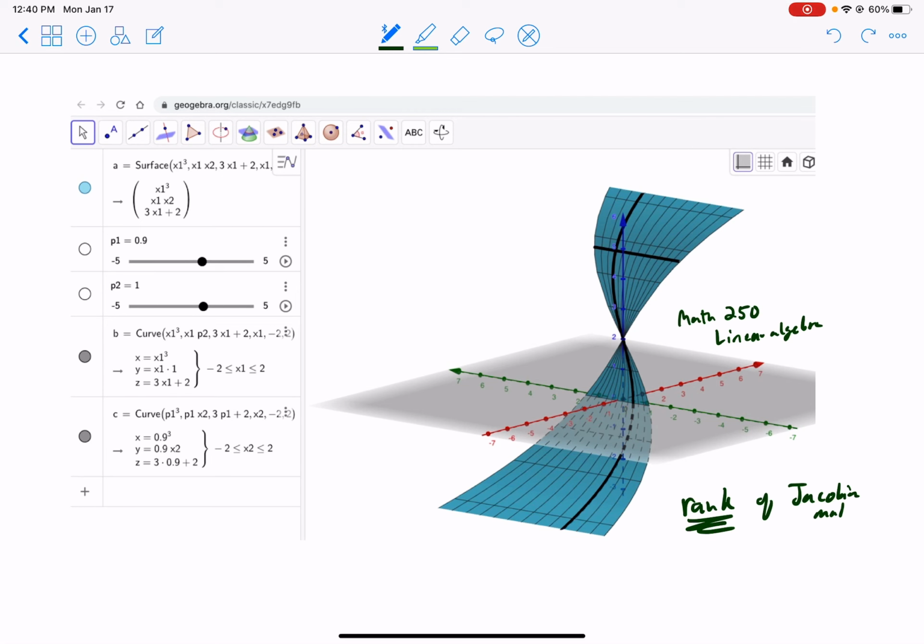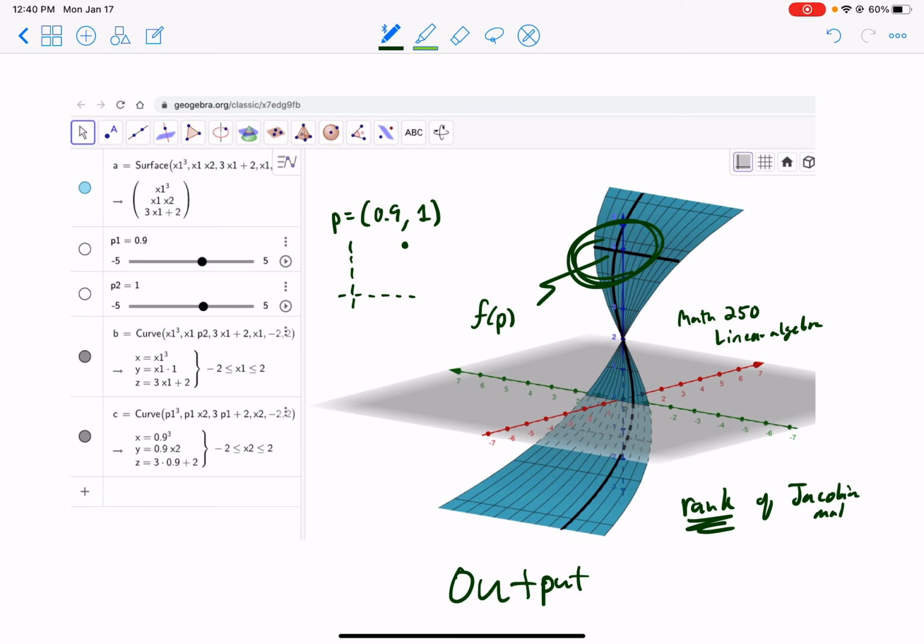But anyway, it's sort of interesting to see what the actual picture looks like if we have a computer draw it for us. And you can see the two curves. I chose the point p equals 0.9 comma 1. And then f of p is right there. That's f of p. This is the output space. And I didn't even draw the input space. The input space is somewhere else. And here's the point p right there. And here's f of p over here.